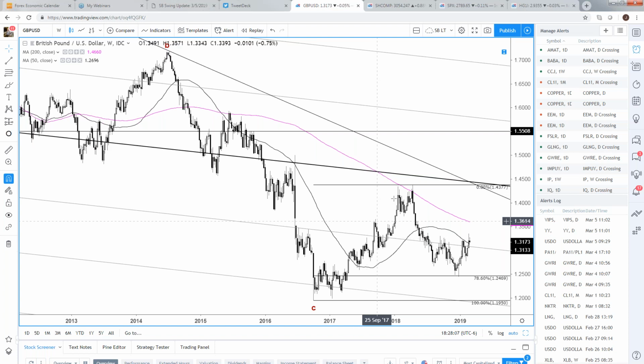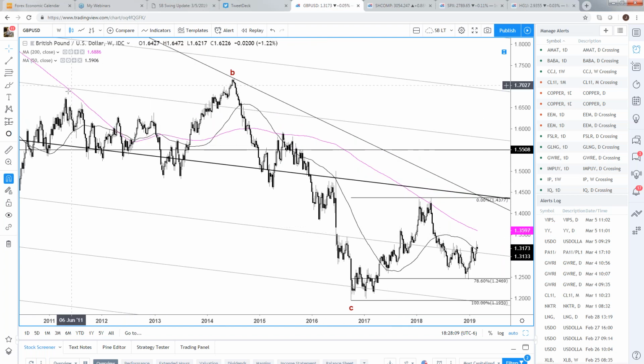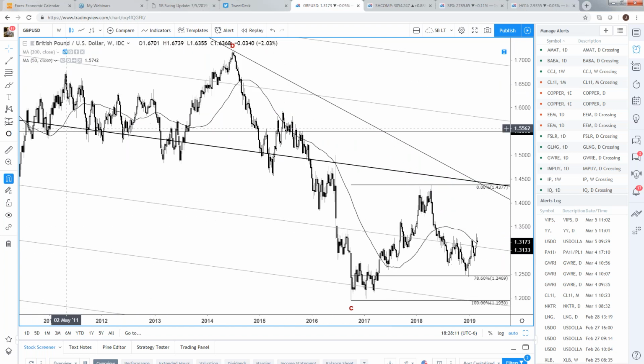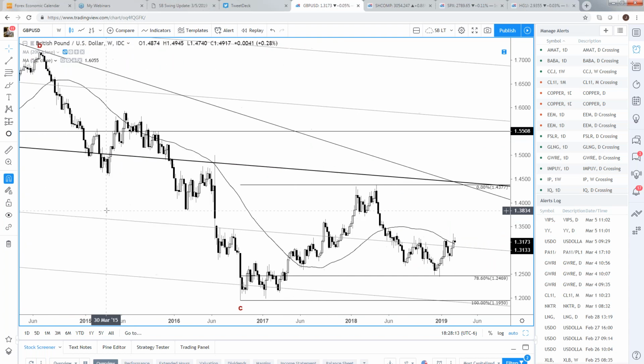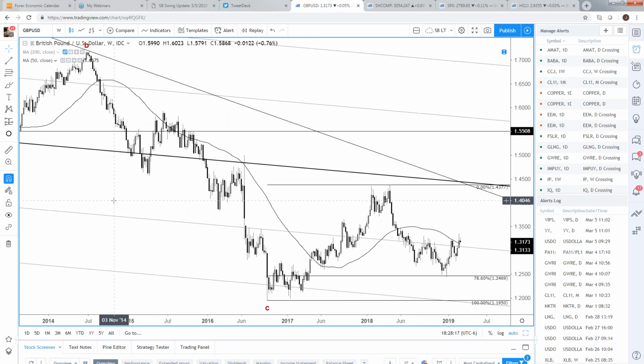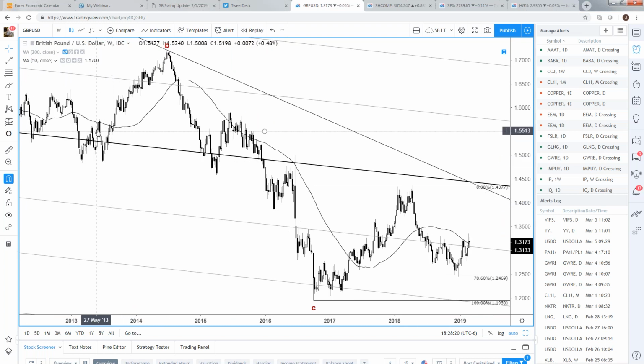So one thing that I don't think can be really refuted is the importance of the 50-week average, especially over the last couple of years. Go all the way back to 2013, 50-week average: resistance, consolidate around it, broke higher. 50-week average broke below, went to a downtrend.